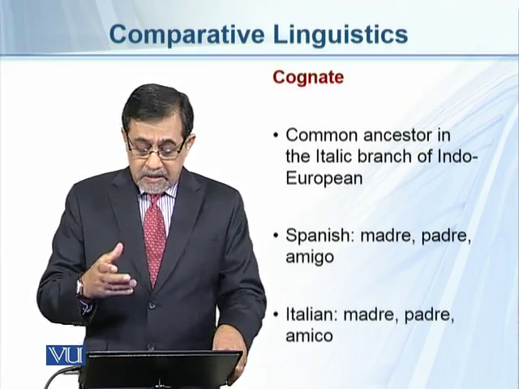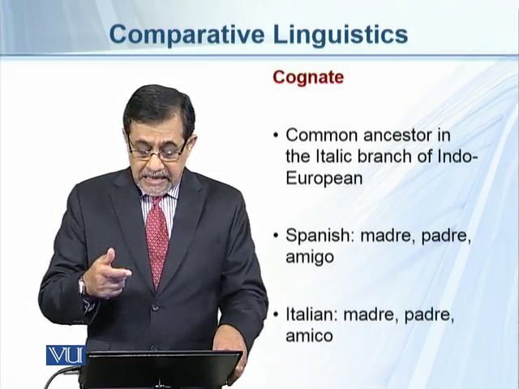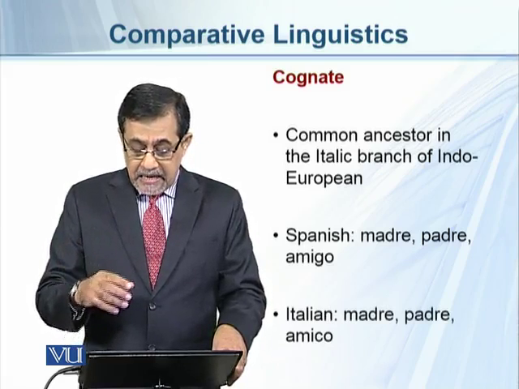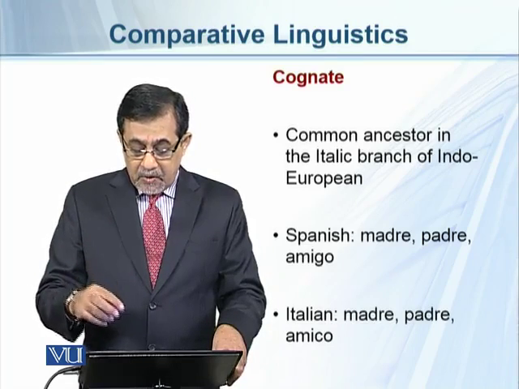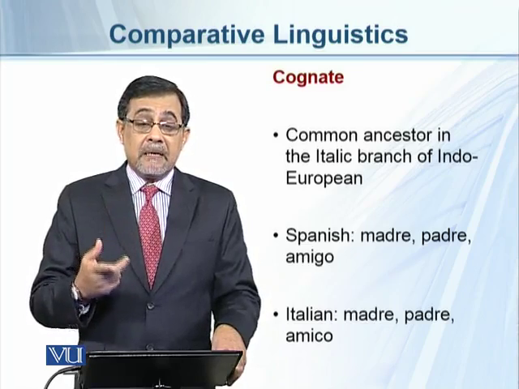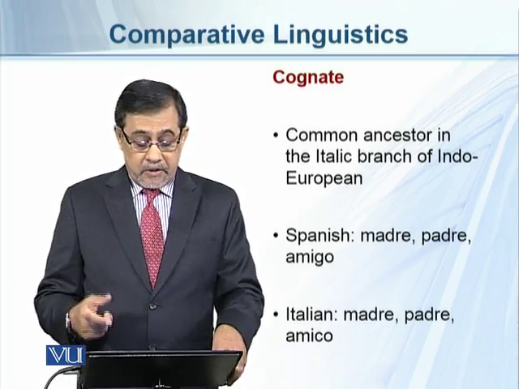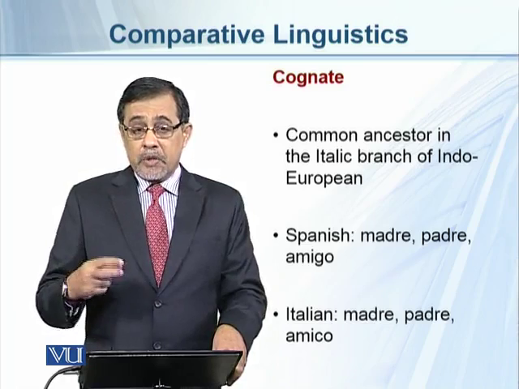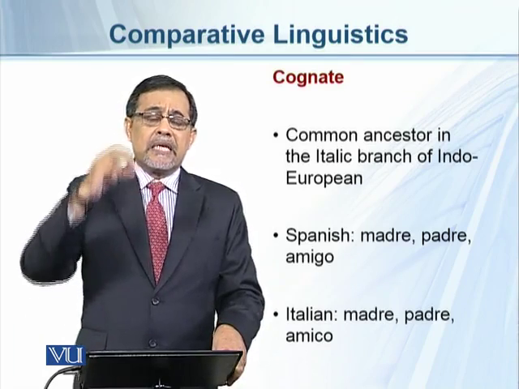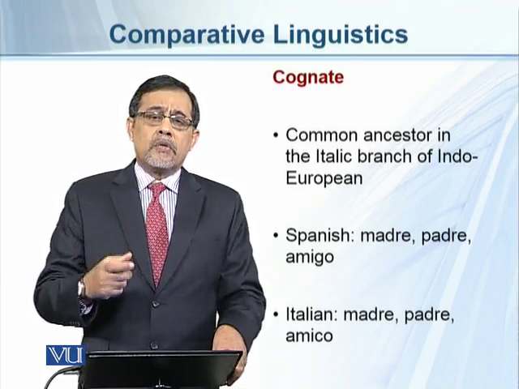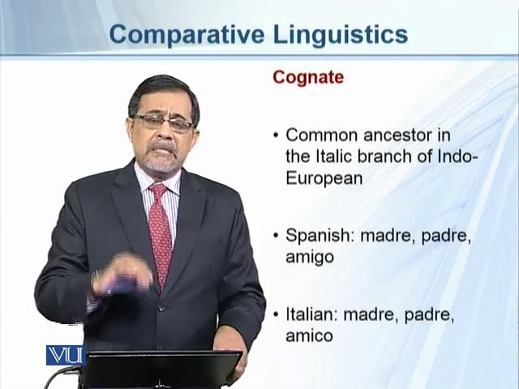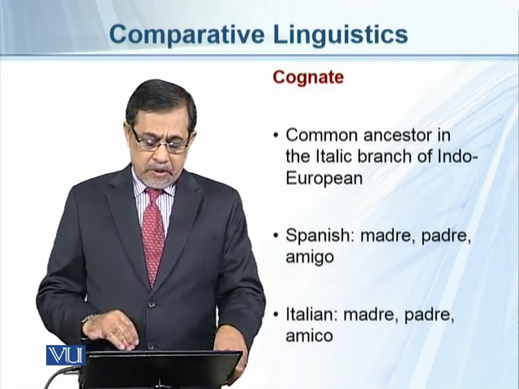We take the same words in Italian and find madre, same pronunciation, padre, and amico and amigo. Only g and k differ, where the place is the same, but the voicing has changed. So they are called cognates. They tell us that these two languages at some point in time belonged to the same source.